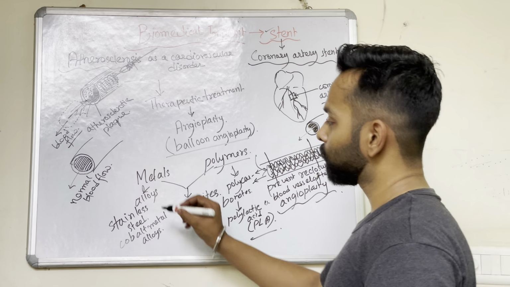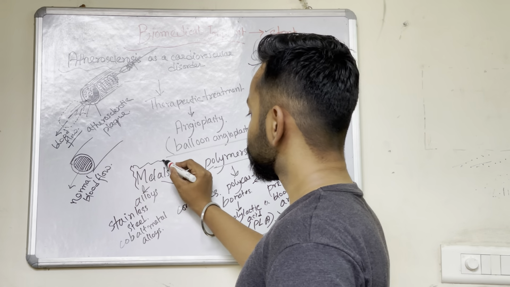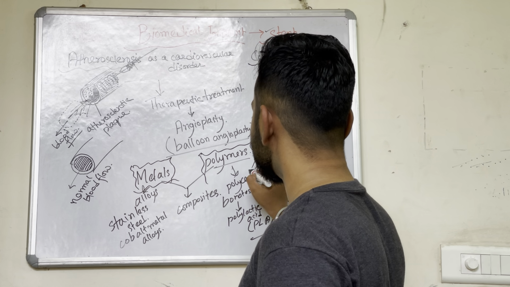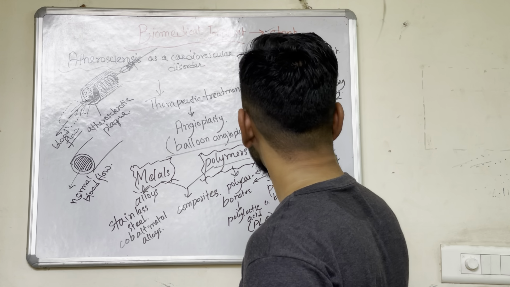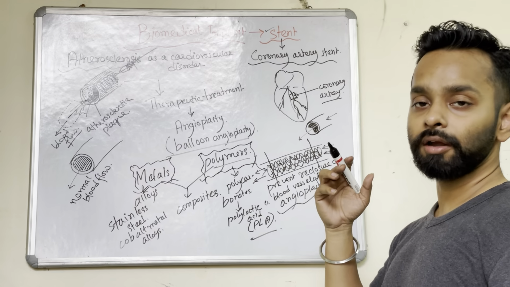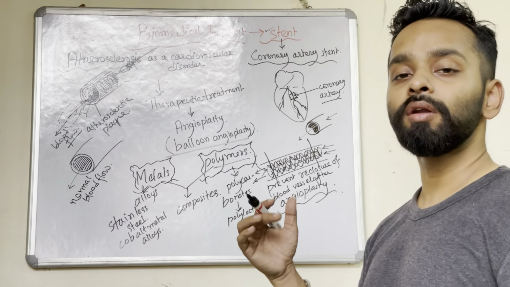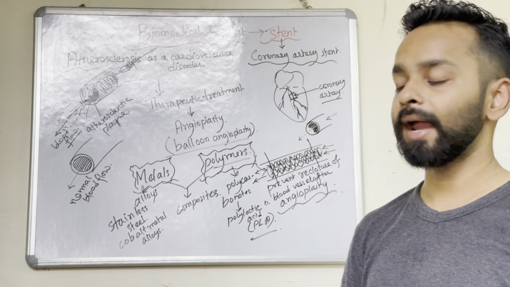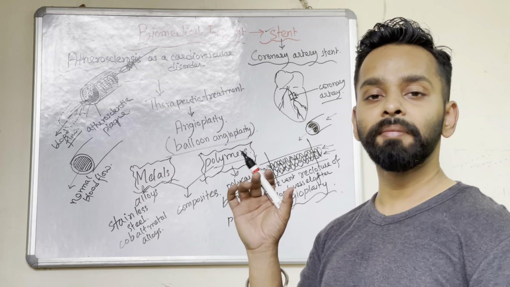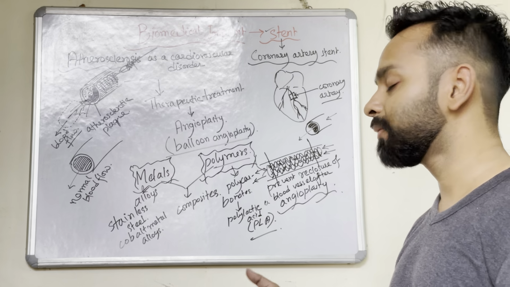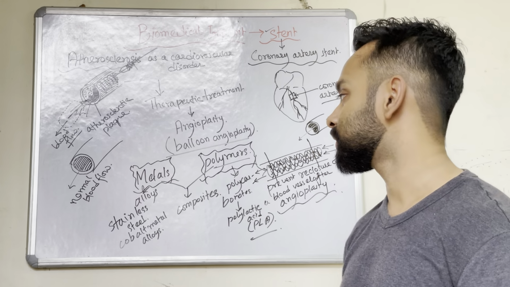Now, what are metals? Metals, as they are used in these arterial stents, are non-biodegradable in nature, and they will maintain their morphology for a very long time, maybe throughout the life of the patient.